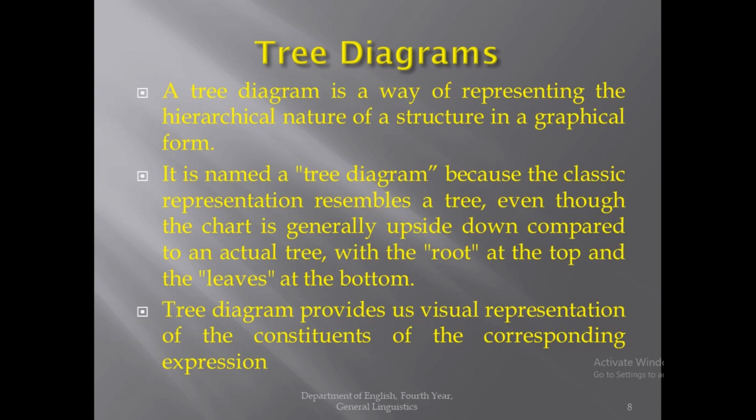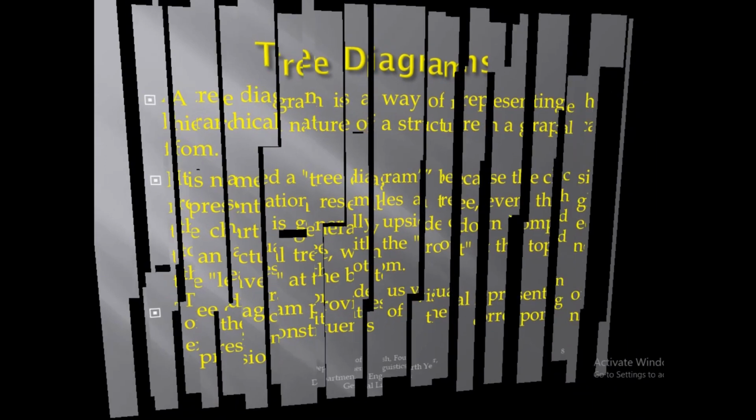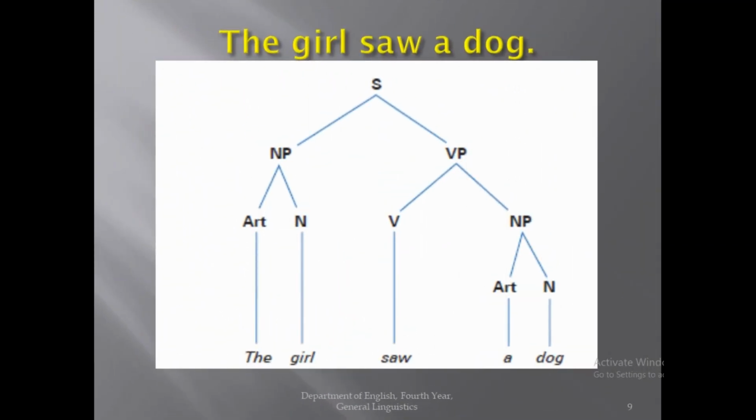You must have studied it earlier. Now let's take this example: the girl saw a dog. According to the syntactic structure, according to this set of rules, one of the rules is that a sentence can be composed of a noun phrase and a verb phrase, and the noun phrase can be composed of an article and a noun.